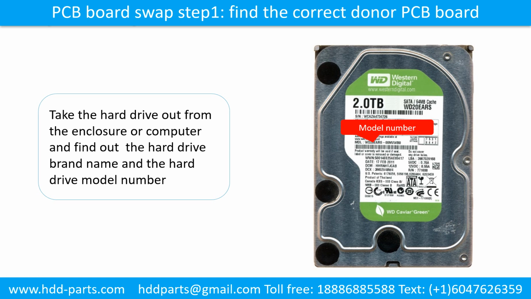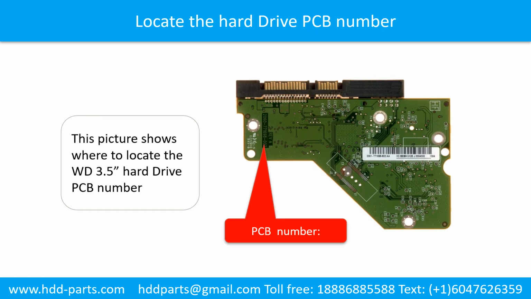Locate the hard drive model number on the front of the hard drive label. Locate the hard drive PCB board number. Different brand names have different PCB boards, and the PCB board numbers are different. You may go to hddparts.com to check out other brand name PCB board numbers.